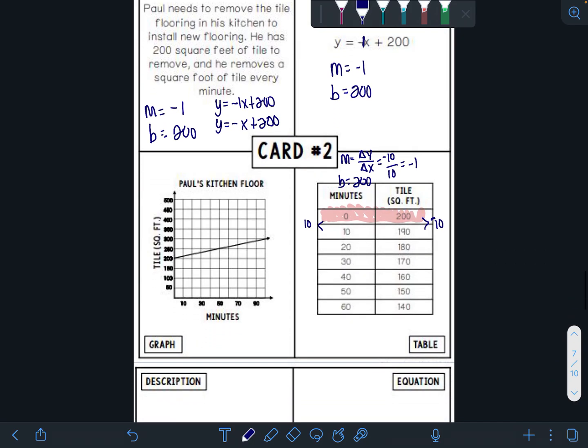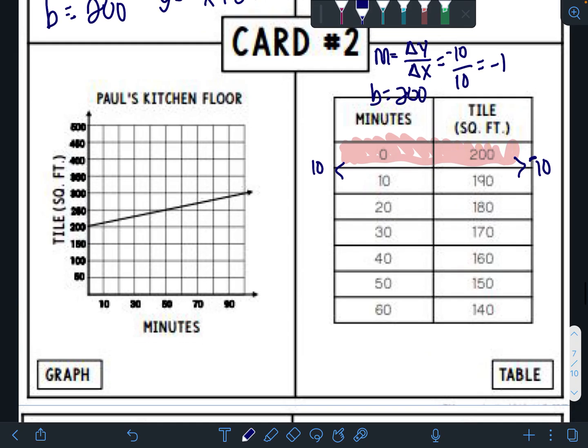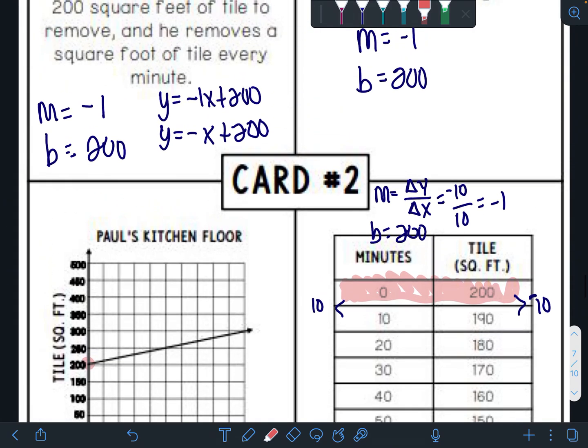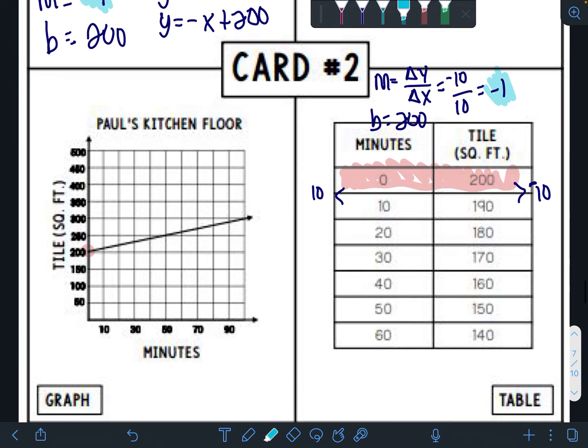And then if I look at my graph here, notice that my y-intercept is at 200, which is where it should be. That is correct. But if you notice on every single one of these other ones, my slope was a negative value. But my graph is increasing, and that does not match what my slope should be.